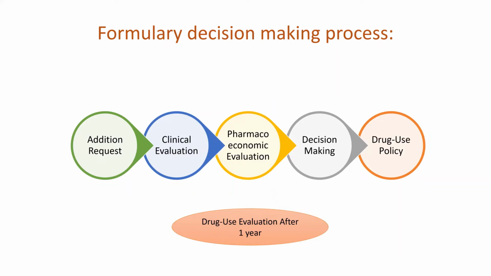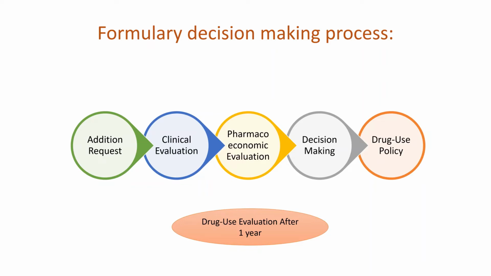So this shows the flowchart of the formulary decision-making process. Mainly it's similar to most hospitals. So it starts with the addition request, which is a detailed justification from the requester of their request of adapting new technology.